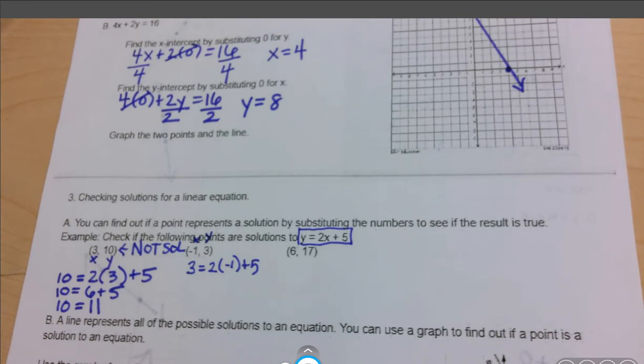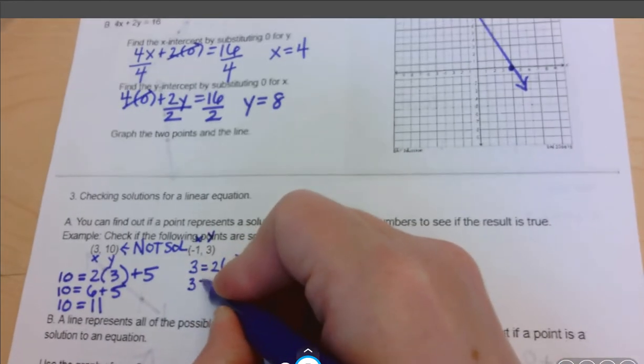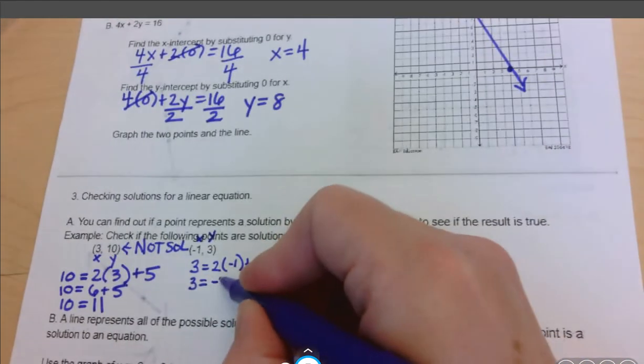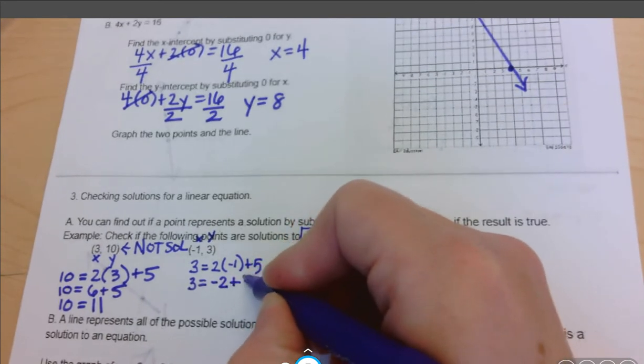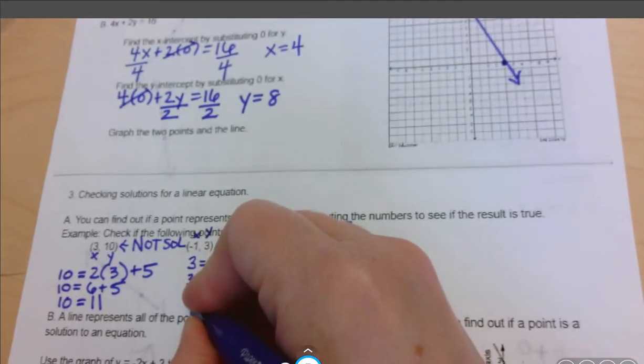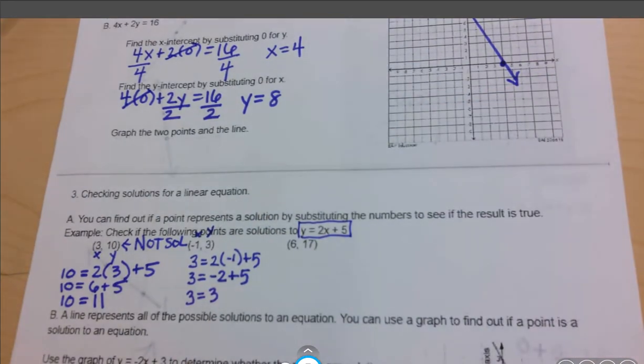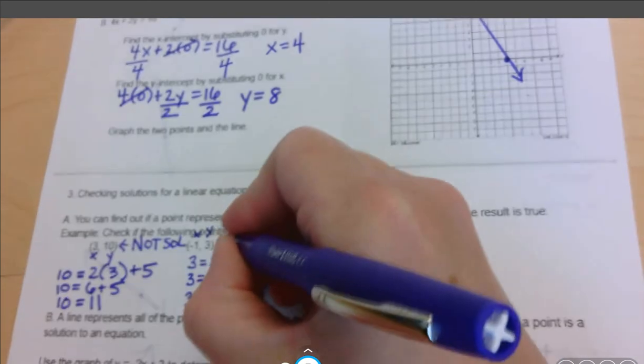No. Okay, I heard a no. Let's take a look. What's 2 times -1? -2, good. And what is -2 plus 5? 3. It's 3. So let's look at what we have left. We have 3 equals 3. Is that true? Yeah, so is it a solution? Yes, it is a solution.